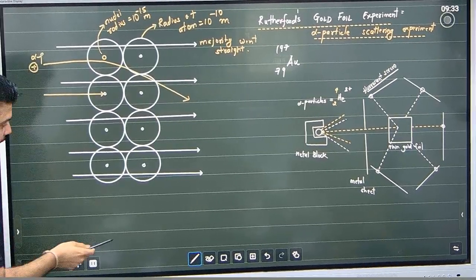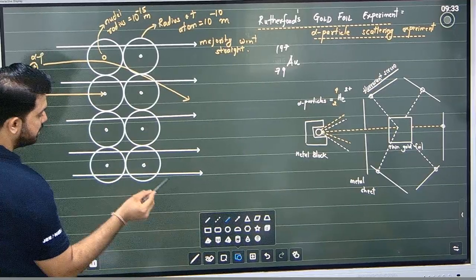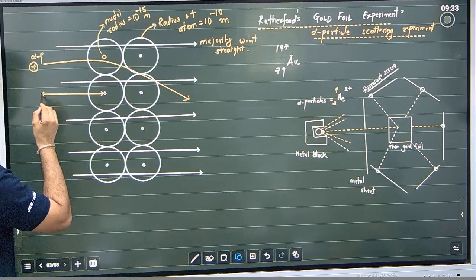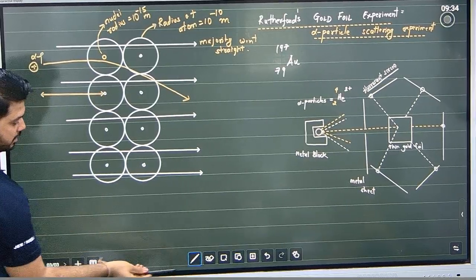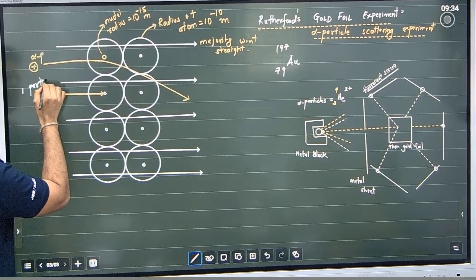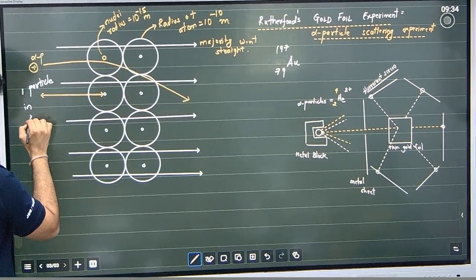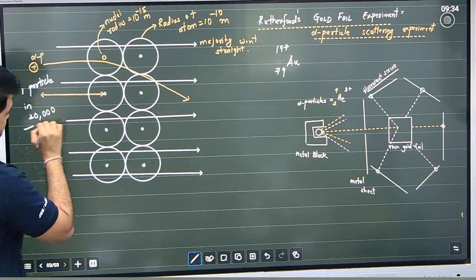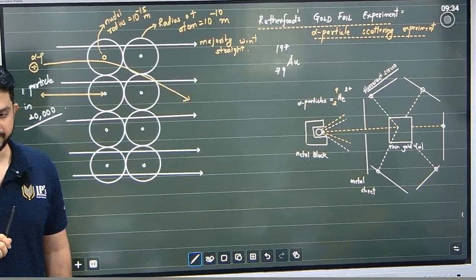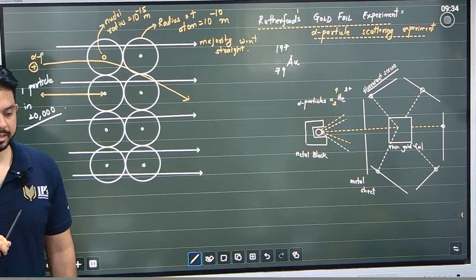And what happened? It came back. This was one particle in 1 in 20,000. Any questions here? Yes or no?